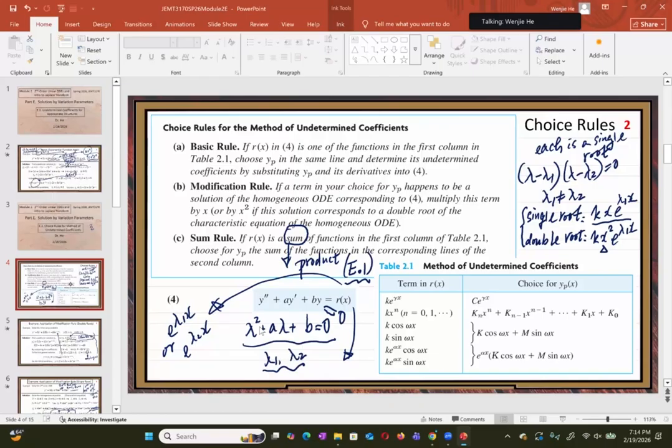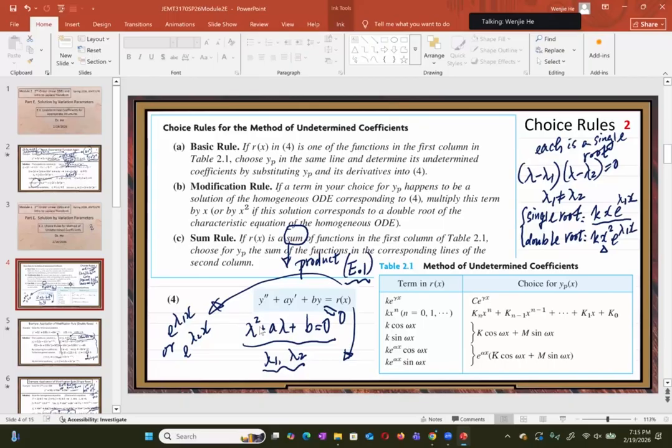When you have a term kx squared, a variable x, what should you use here? It's a whole quadratic polynomial, right?